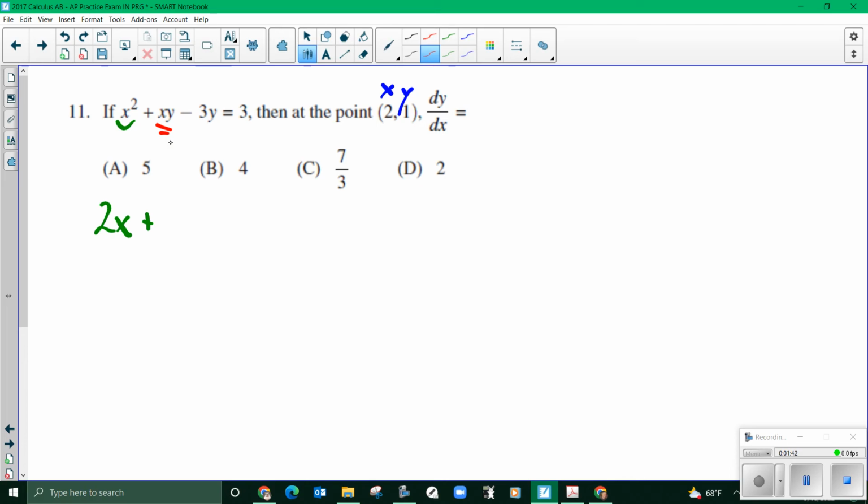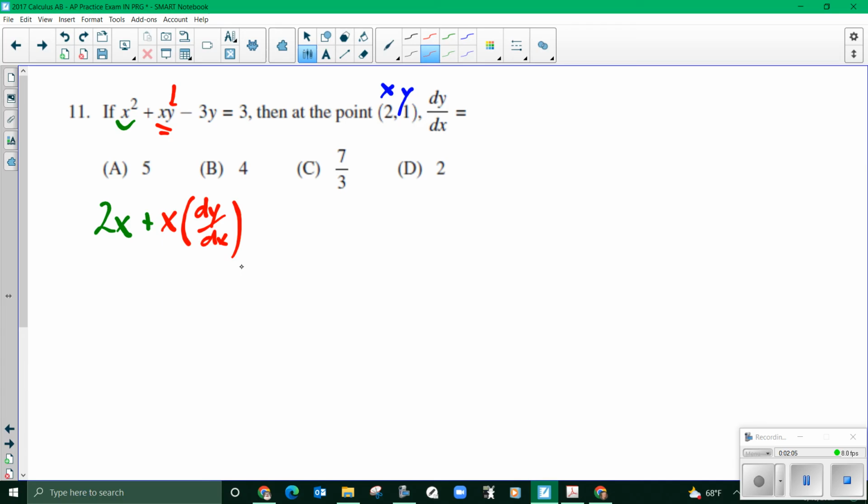It is the first term, x, times the derivative of the second term. The derivative of y is 1, but anytime we take the derivative of y, we need to put dy/dx next to it. I could have written 1 dy/dx, but you don't really have to write the 1.